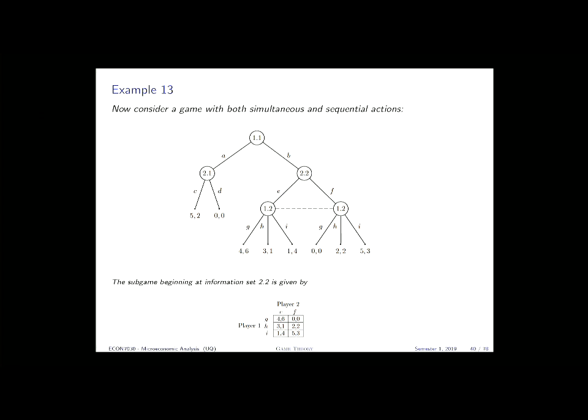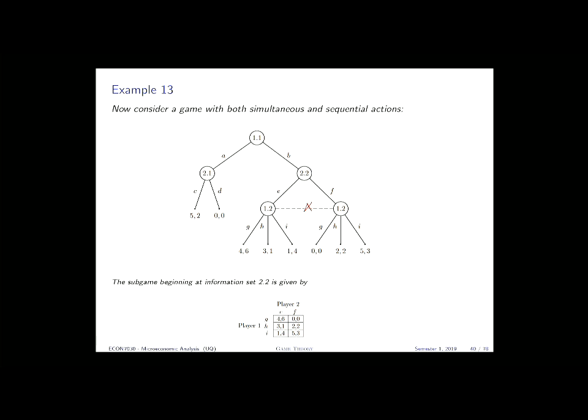Okay? So this example was very confusing to me when I was a graduate student, because I wouldn't know what to do when I wanted to find the subgame perfect equilibrium, and I made lots of mistakes. But if you look at the slides that we had previously, there are a couple of points that you need to make sure of. First thing that is very important here is that for player 1, when there is a dashed line between the decision nodes, these essentially mean the same thing.